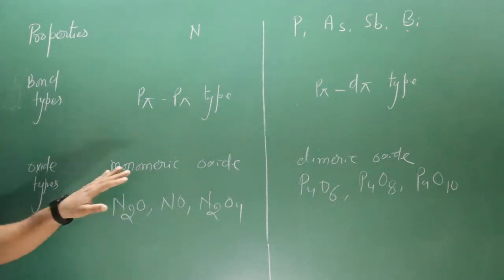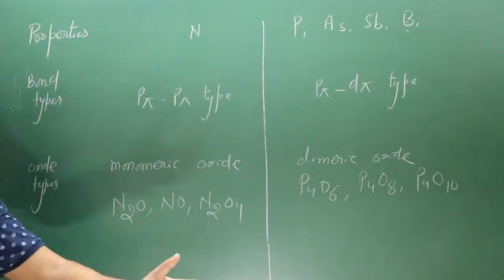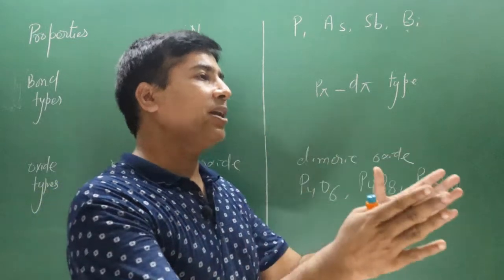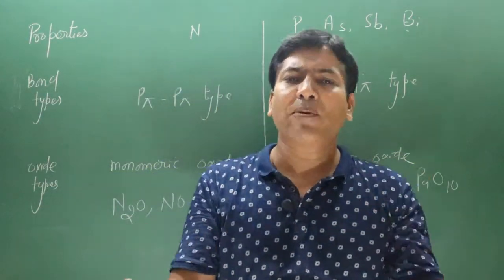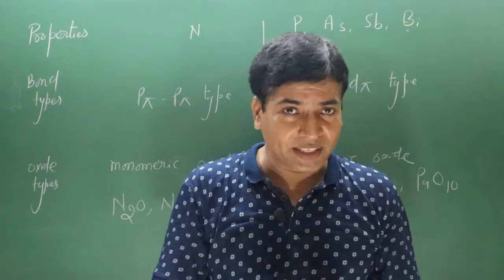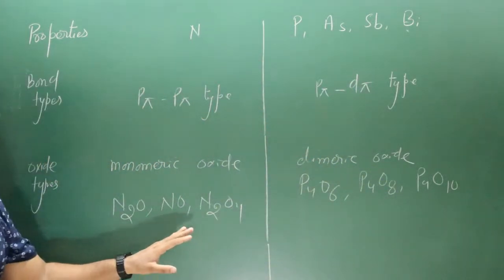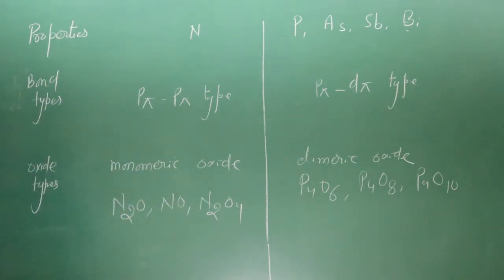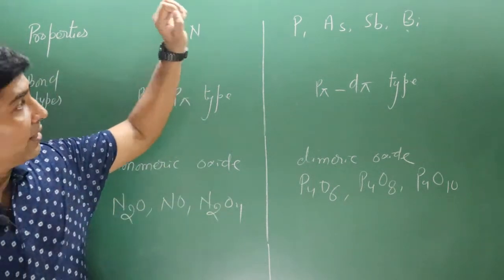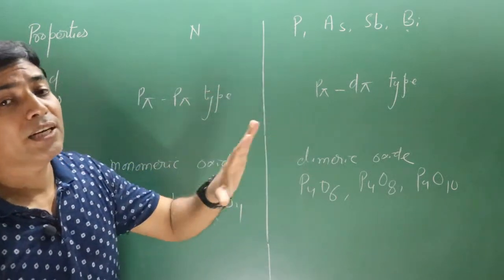The oxides of nitrogen do not undergo dimerization, meaning one molecule will not combine with another molecule to form a larger molecule. They do not undergo dimerization, that's why they are present in monomeric form. But the oxides of phosphorus undergo dimerization.